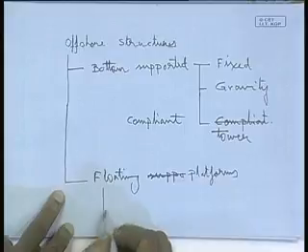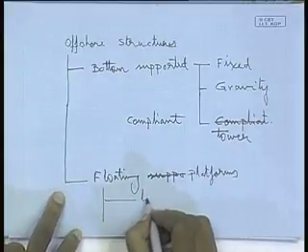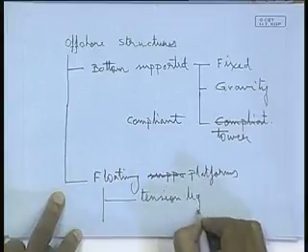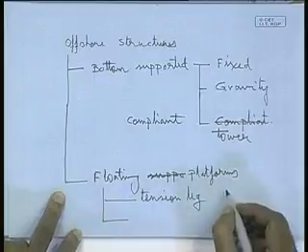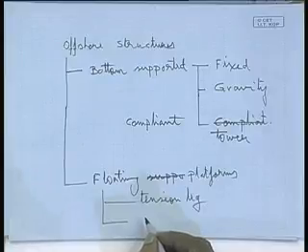So in the floating platforms, we have two types. One is referred to as the tension leg platform. Another is the floating production system.